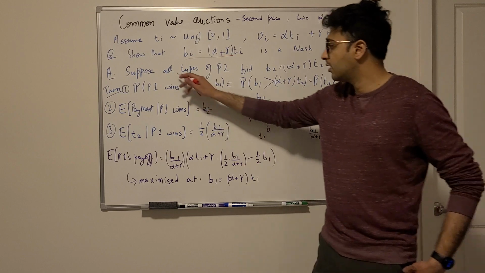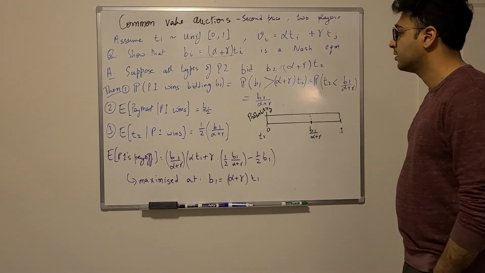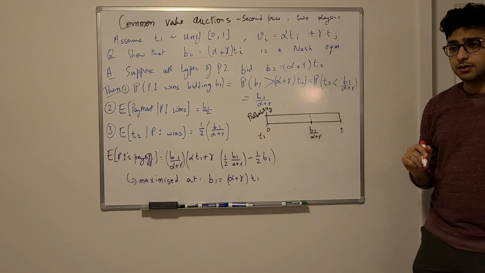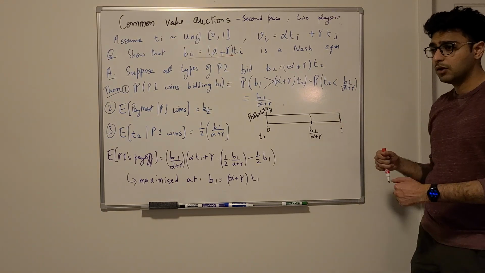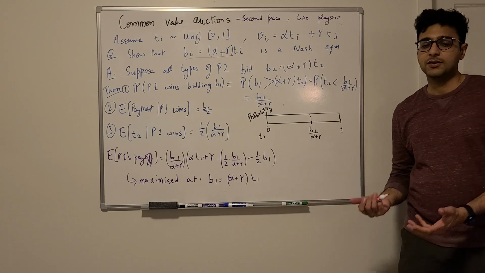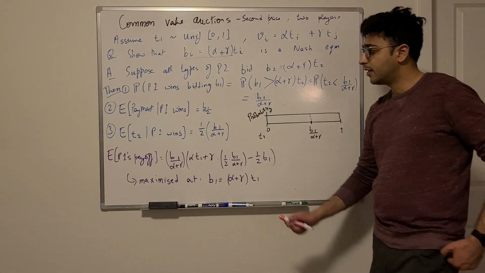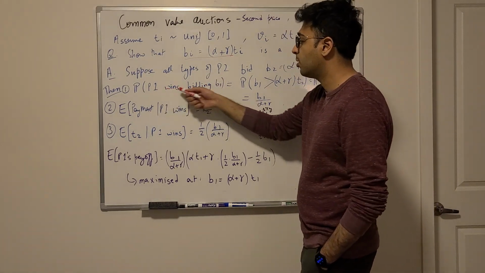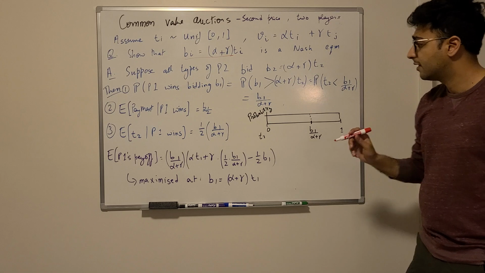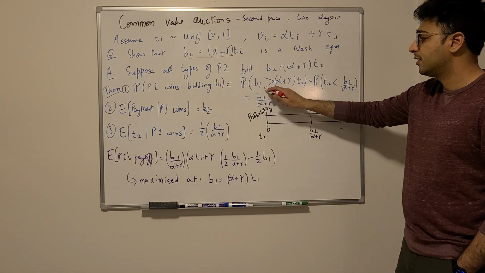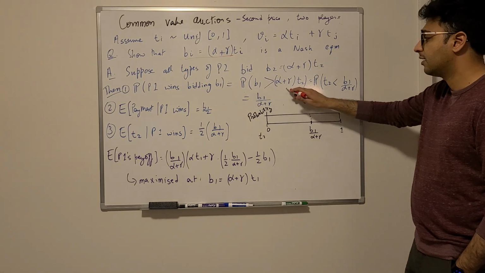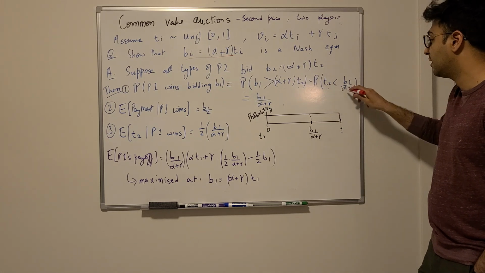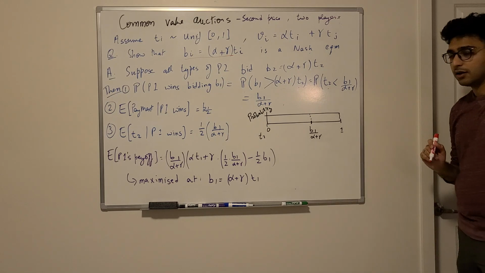So we suppose that all types of player 2 bid in this manner, where B2 equals alpha plus gamma times T2. Then we need to know three things in order to know player 1's expected payoff from this game. One is the probability that player 1 wins while bidding B1. That is equal to the probability that the bid B1 is greater than alpha plus gamma times T2, which is equal to the probability that T2 is less than B1 divided by alpha plus gamma.